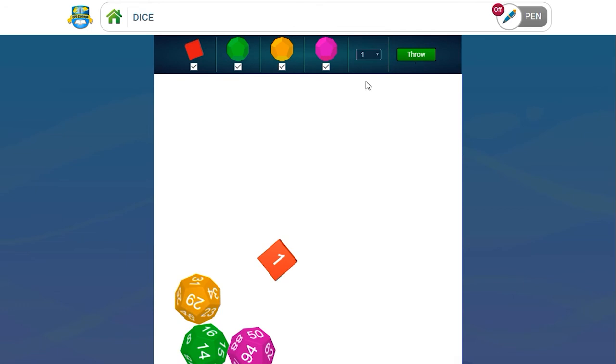Also, the children can have their own dice at their tables in conjunction with you using the virtual interactive dice. And to get the dice with the bigger numbers, you can actually make those dice yourself, or else just buy dice with the bigger numbers on them. And if you want, you could use little stickers to change the numbers on a set of dice.